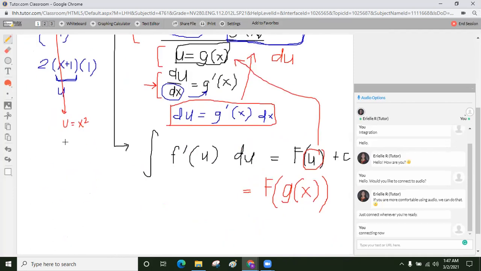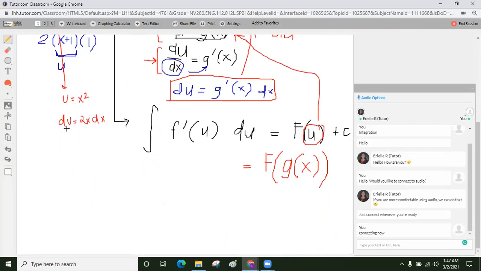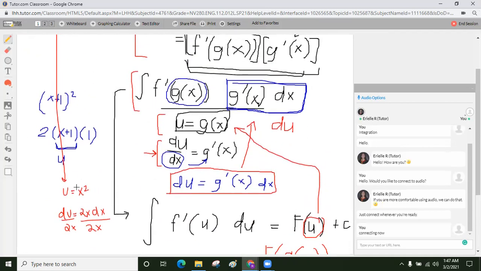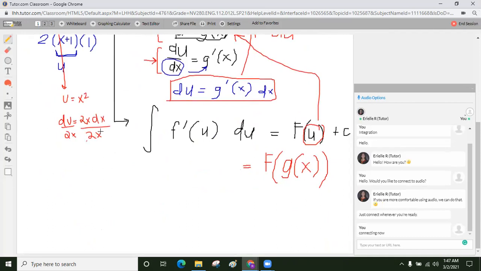And du will equal 2x dx. And if I want to write dx in terms of du, then dx will equal du over 2x.